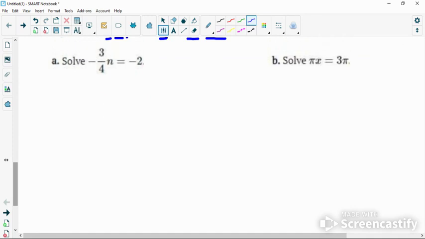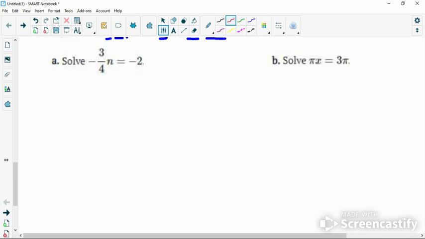Something to add from your previous year's understanding is what happens when we are multiplying our variable by a fraction. To start, it says solve negative 3 over 4 times n equals negative 2.